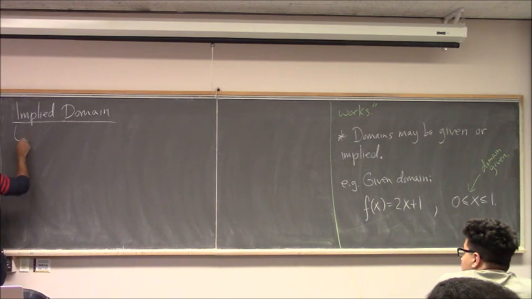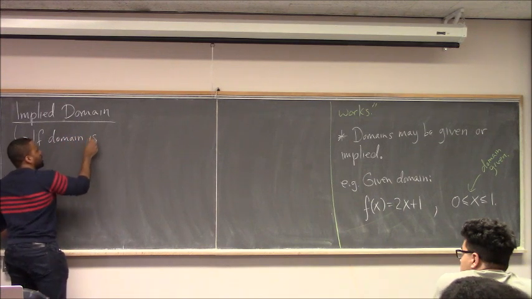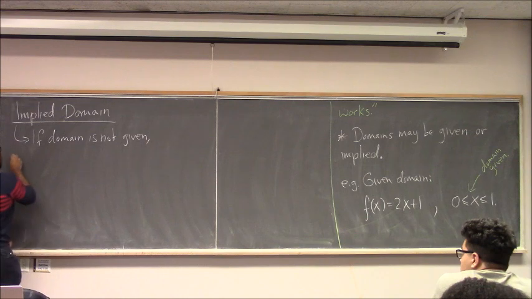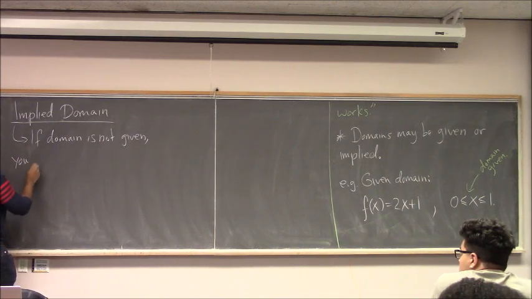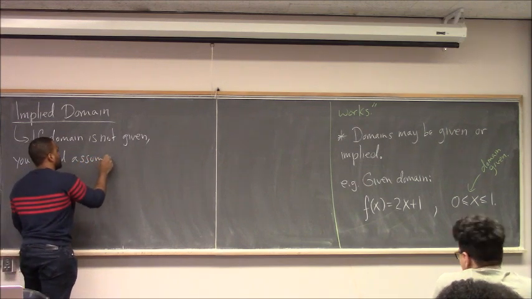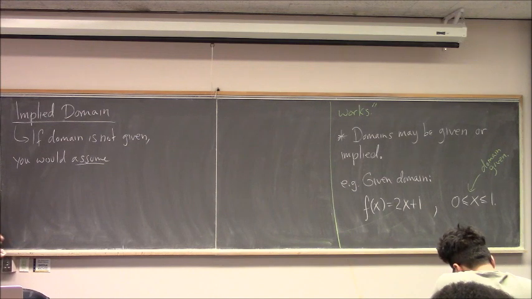So you're in this situation. Usually if someone asks you to find the domain of a function, you'd be in this situation: if the domain is not given, you would assume, right? So you're assuming you don't know, that's why it's implied. They didn't explicitly state it to you, but you're going to assume that this is kind of what they meant.